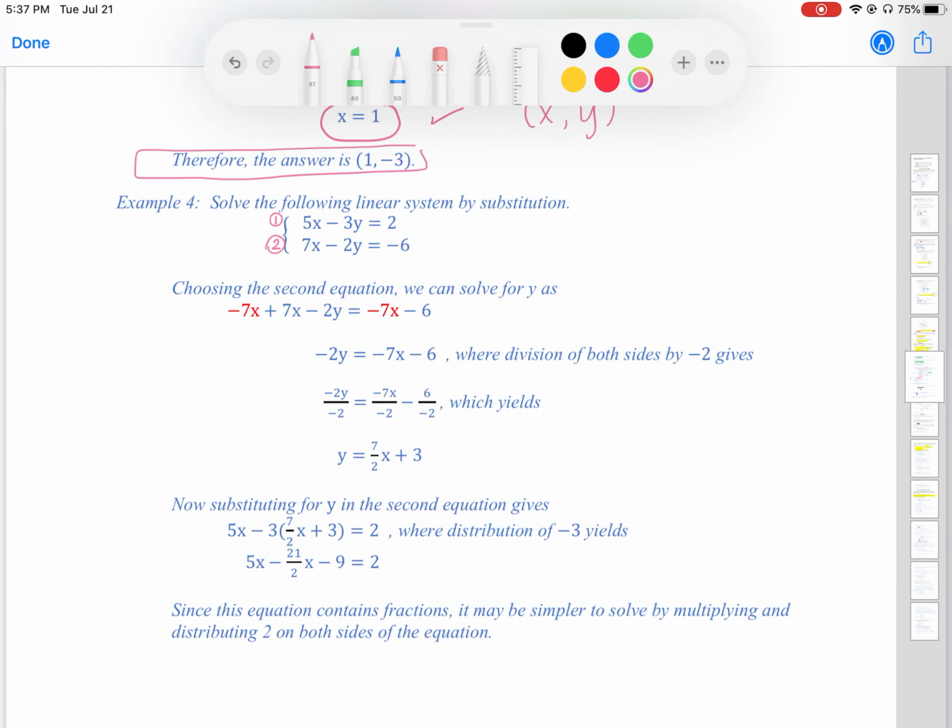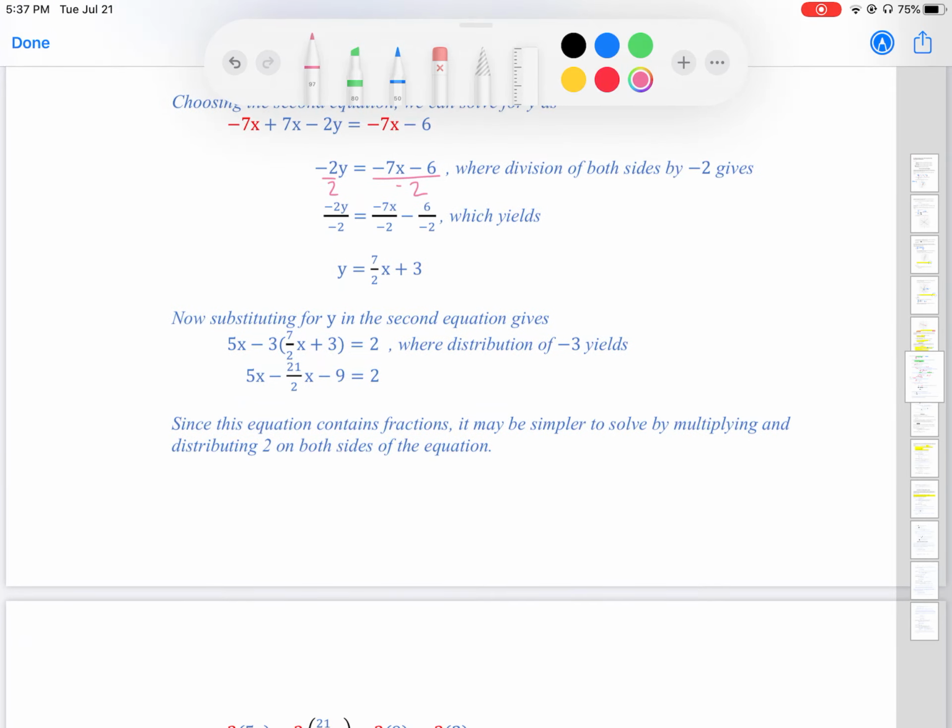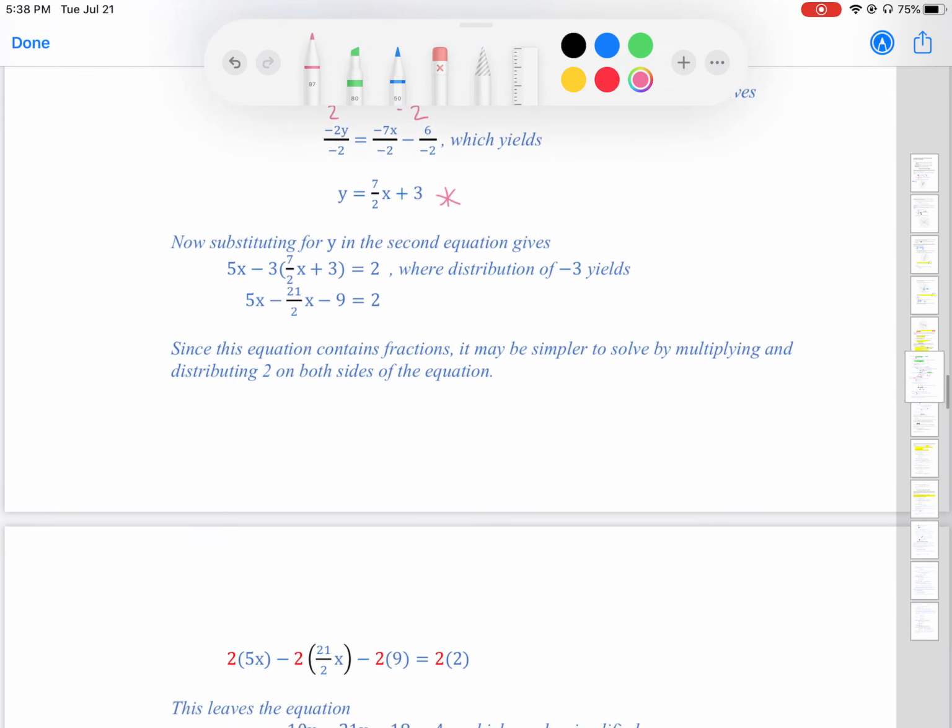Let's choose the second equation and solve for y. If we solve for y, we have to move the 7 and then divide by a negative 2. We get y equals 7 over 2x plus 3. That's our first equation.